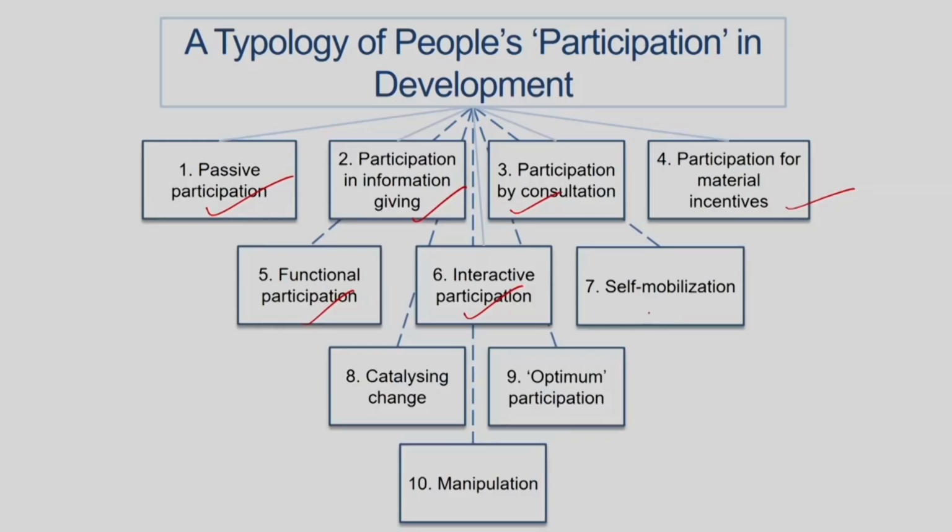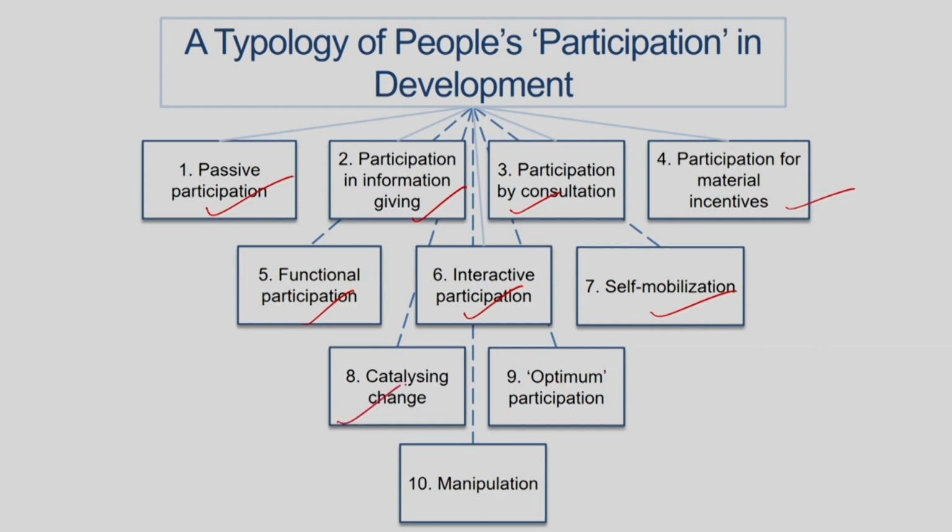Self mobilization is another typology, where people participate by taking initiatives to change systems independent of external institutions, and they retain control over how resources are used. And such self-initiated mobilization and collective action may or may not challenge existing inequitable distribution of wealth and power.